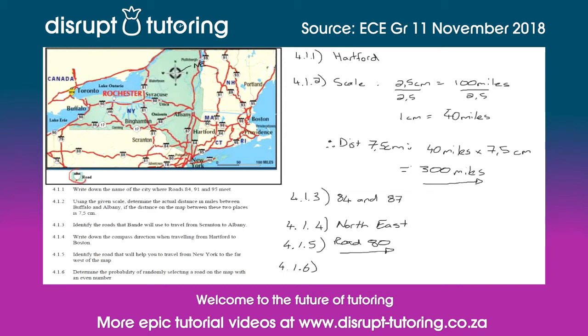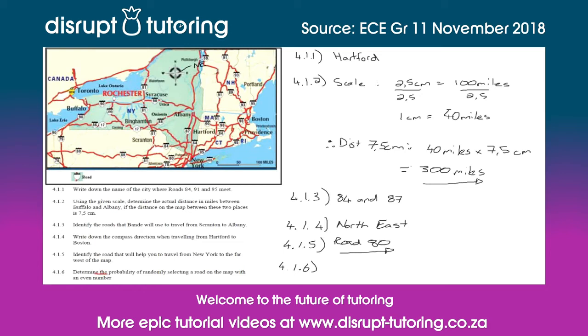The roads are, if you see the symbol here, a little shield with a sort of black cap at the top. So this number 17 does not count as a road because it's not the symbol for a road.